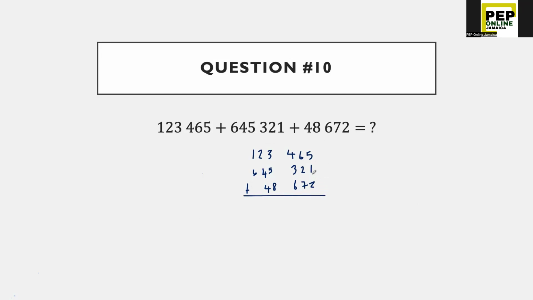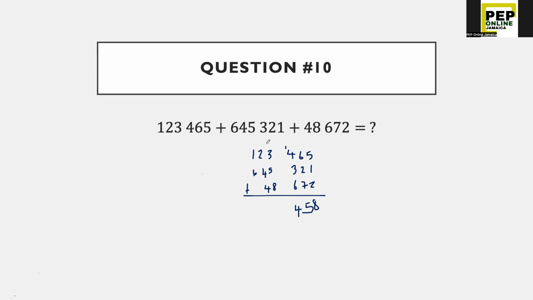2 plus 1 will give us 3, plus 5 will give you 8. 7 plus 2 is 9. 9 and 6 will give you 15. 15, carry 1. 6 and 3 is 9. 9 and 4 is 13, plus 1, 14.